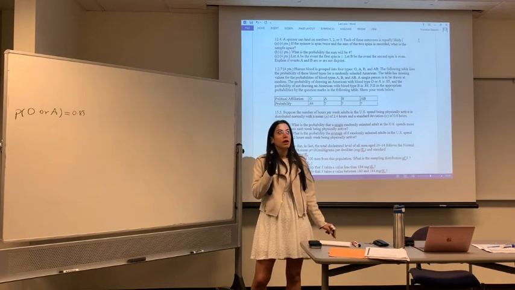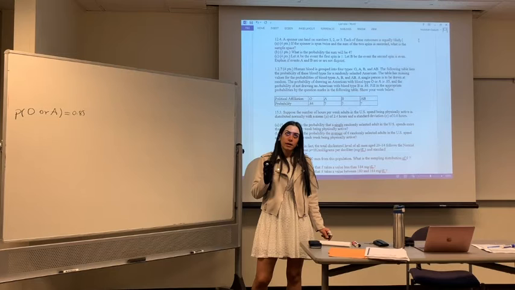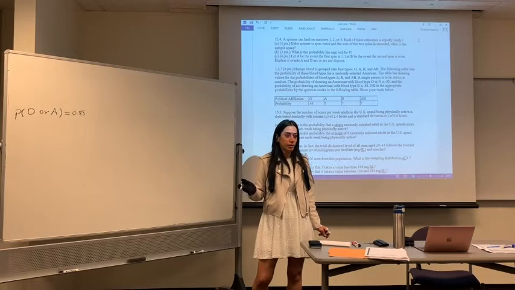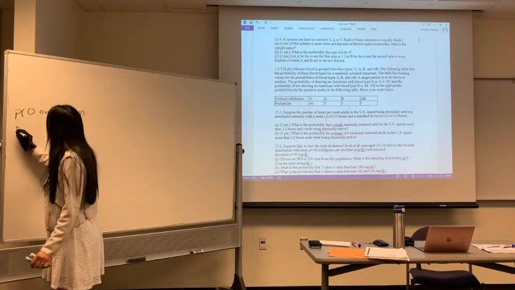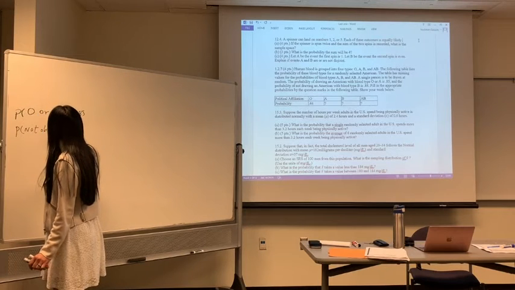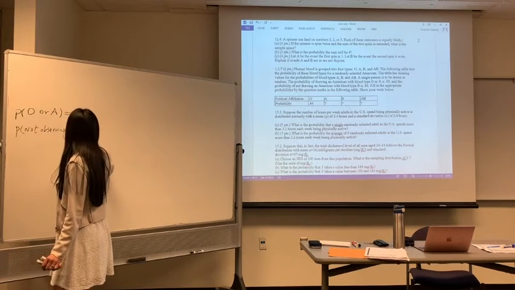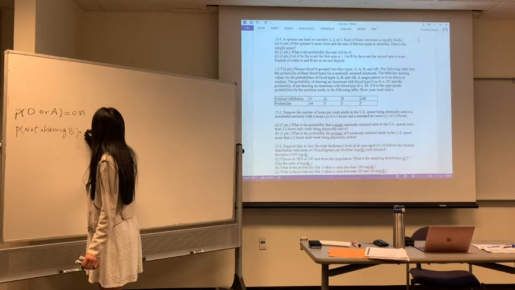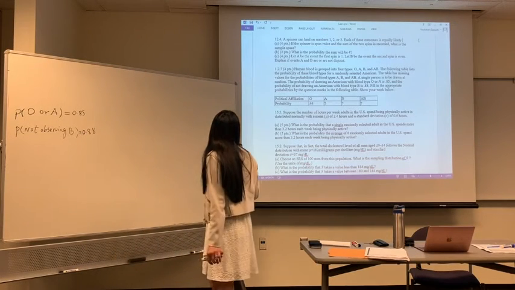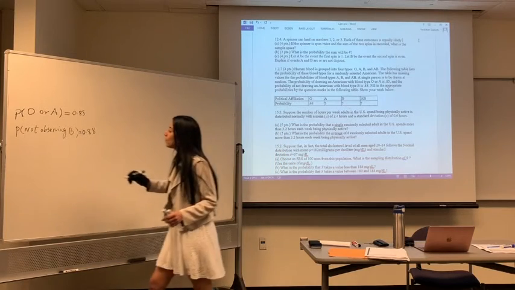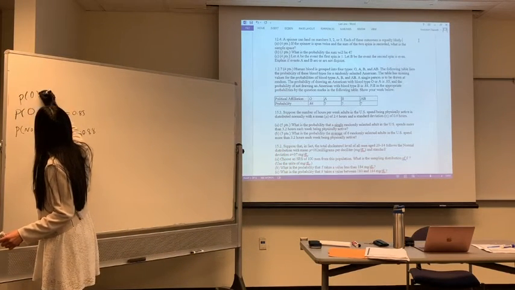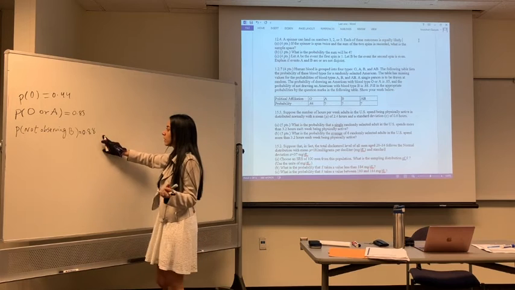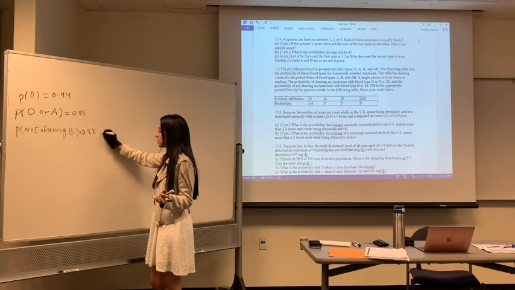If we are not observing something, the probability of not observing it, according to the probability rule, is 1 minus the probability of observing it. So probability of not observing B is 0.88. The probability of O is also 0.44.